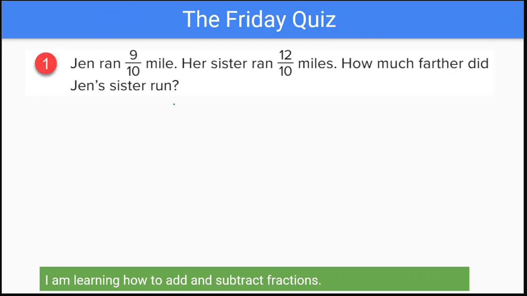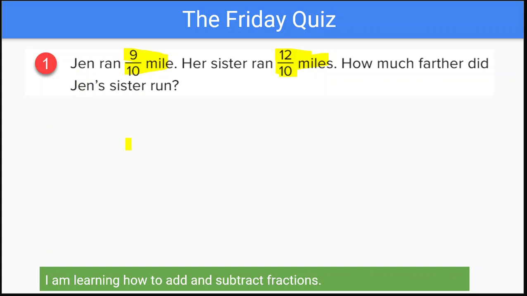All right, here's what's on the Friday quiz. I'm not going to do the whole thing, but I'll get you started. Jen ran 9/10 of a mile. Her sister ran 12/10 of a mile. How much farther did Jen's sister run? Well, what they really want you to do is find the difference between what the sister ran and what Jen ran.